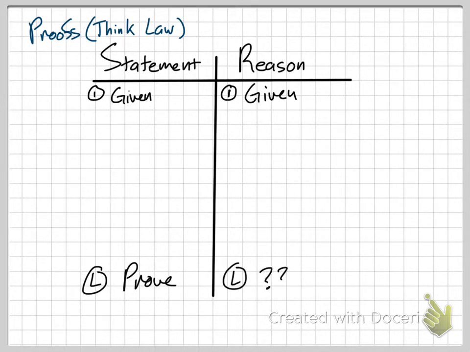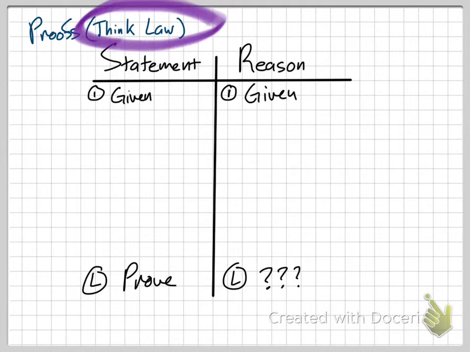And we'll know the reason once we go through our proof. Now, when you're going through a proof, I want you to put yourself in the mind of a lawyer. Think of law, where you're trying to prosecute somebody. And in a courtroom, you have the evidence.